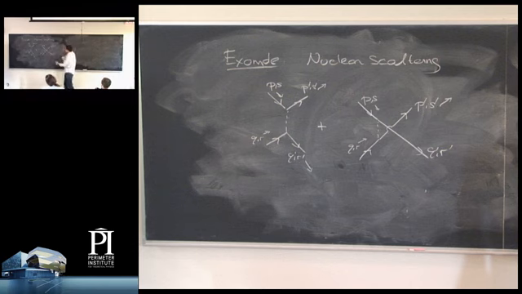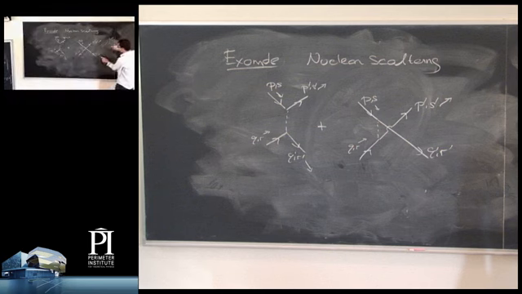The reason I've drawn it this way, and I could just as well have drawn it this way, where this is q and this is p, is to emphasize that this diagram and this diagram just differ by flipping around the p prime and the q prime. That's like exchanging those particles.